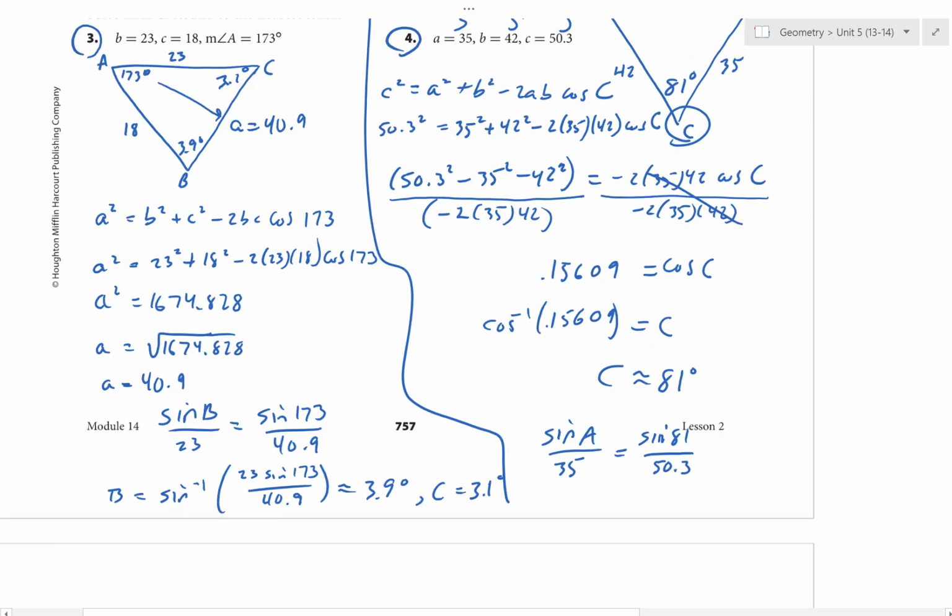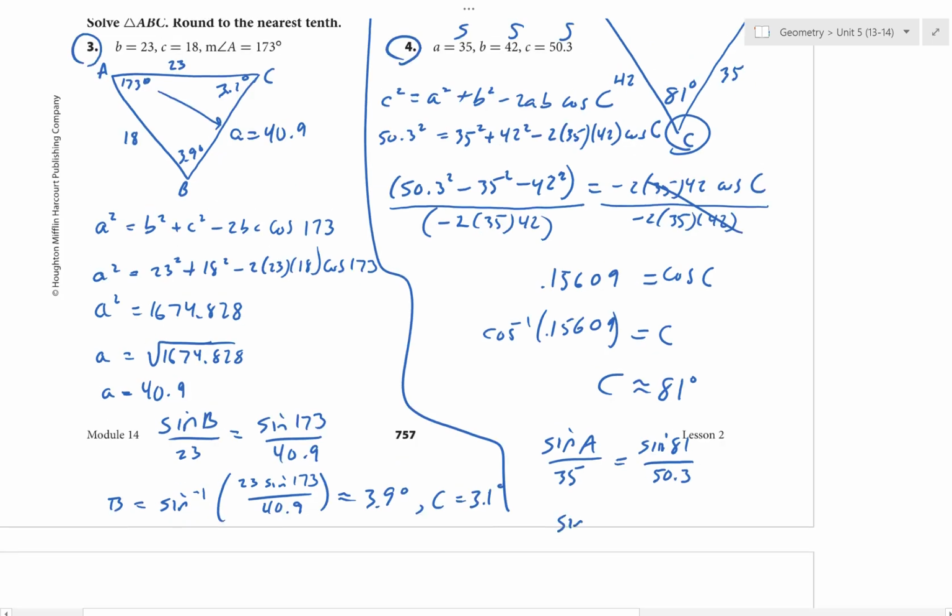So that gives me sine A equals 35 sine 81 over 50.3, and then take the inverse sine of both sides.